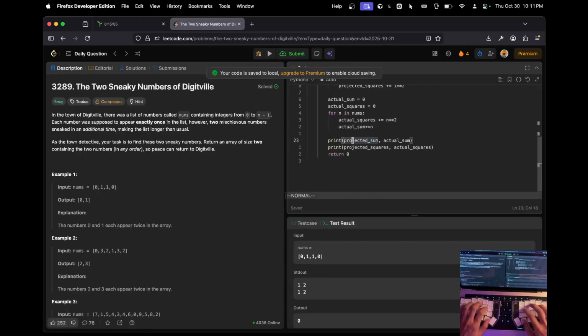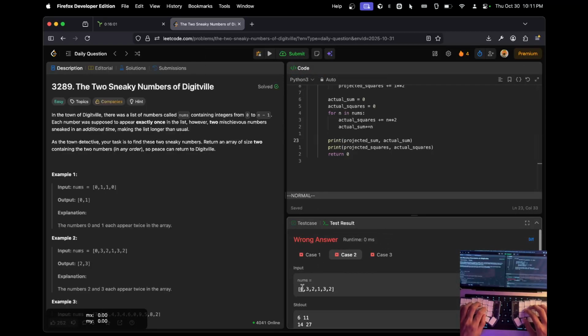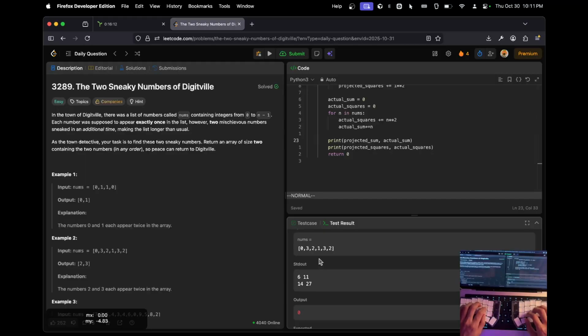Okay, so the projected is 1 and the actual is 2, which makes sense on this one. 0, 1, 2, 3, 4, 5. And you want to add 0 plus 1 plus 2 plus 3, so it should be 6. Okay, great.